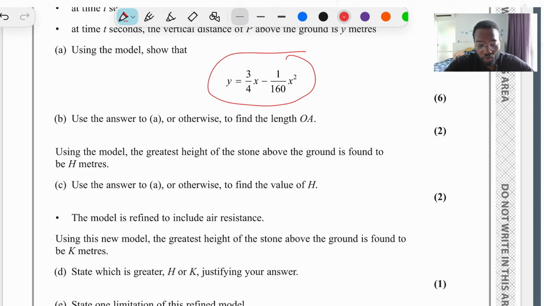Or you can also just know that the midpoint of this quadratic graph will also give us the x value, and then we can just substitute that in to get our greatest height, okay? But for purposes' sake, let's say you didn't know that the midpoint would give you the highest point. Let's actually just differentiate this and then equal to 0 to get our x value, and then we can substitute that in.